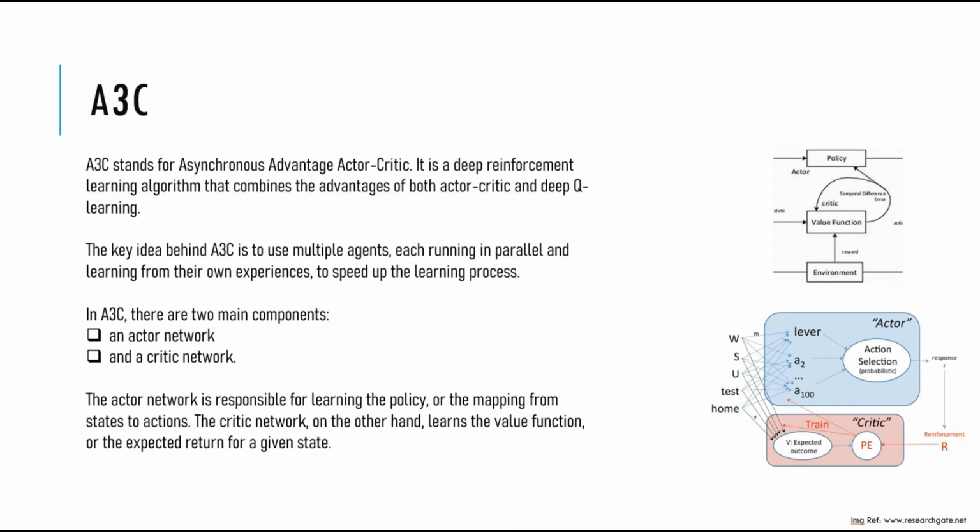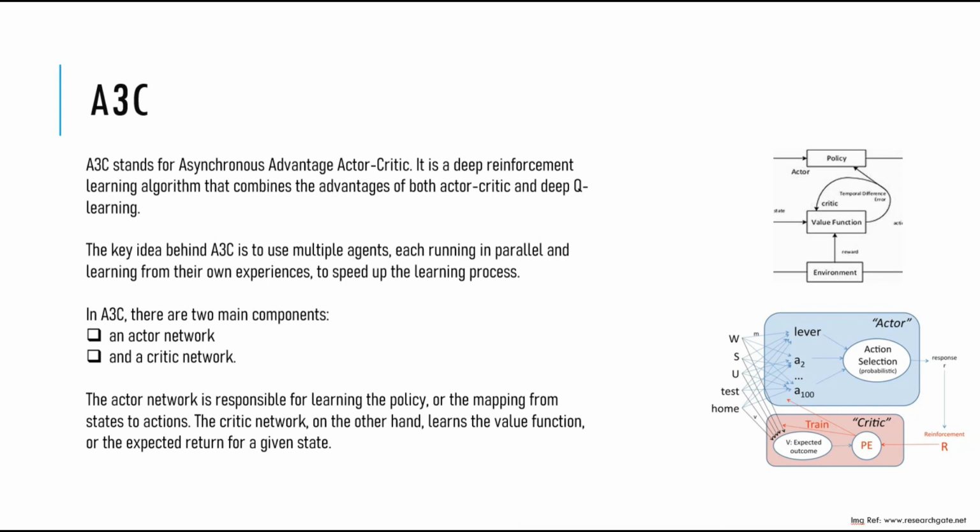In A3C, multiple agents run asynchronously in parallel on different instances of the environment, where each agent has its own copy of the neural network, which is updated asynchronously based on its own experiences. The agent communicates with the global network that we will be defining, and updates the parameters based on its own experiences.